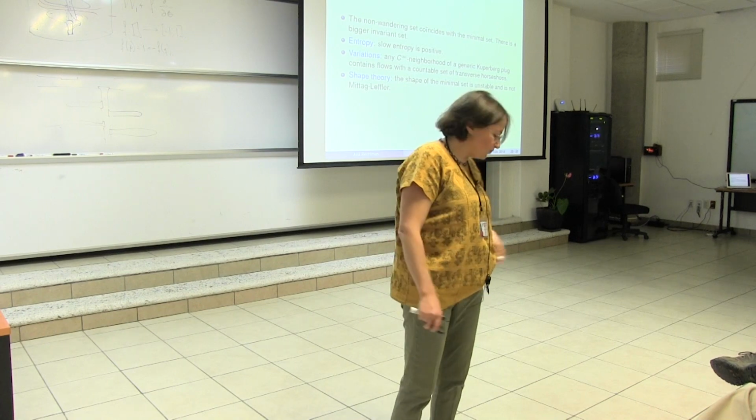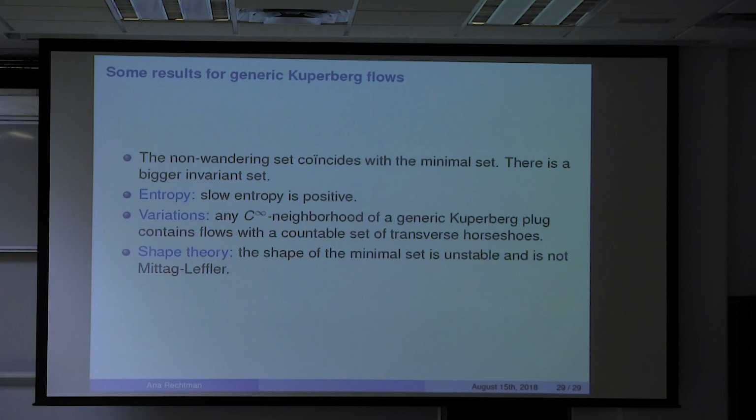Maybe the importance of this work is that this is the first explicit minimal set of a flow that is not one-dimensional. Obviously not a torus, an exceptional minimal set of a flow that is not one-dimensional. And I will stop there.